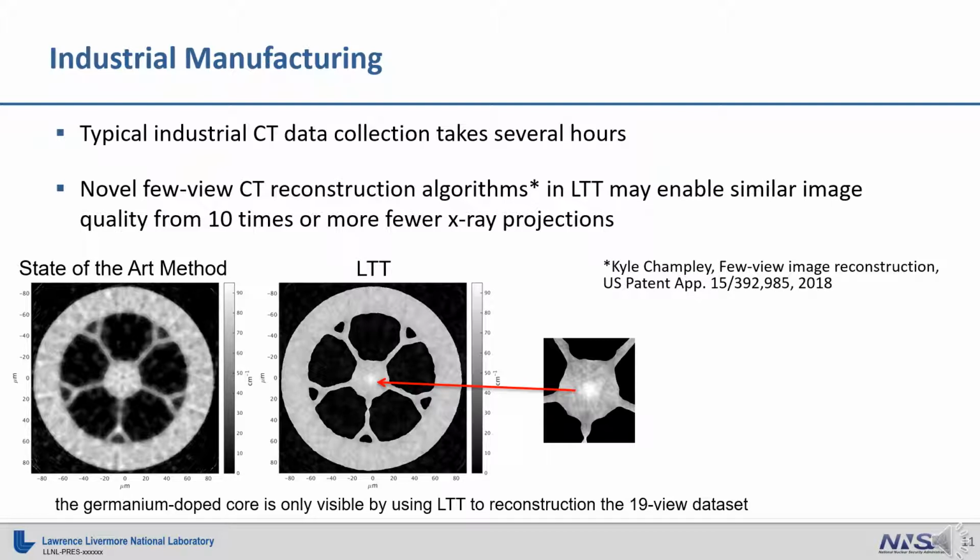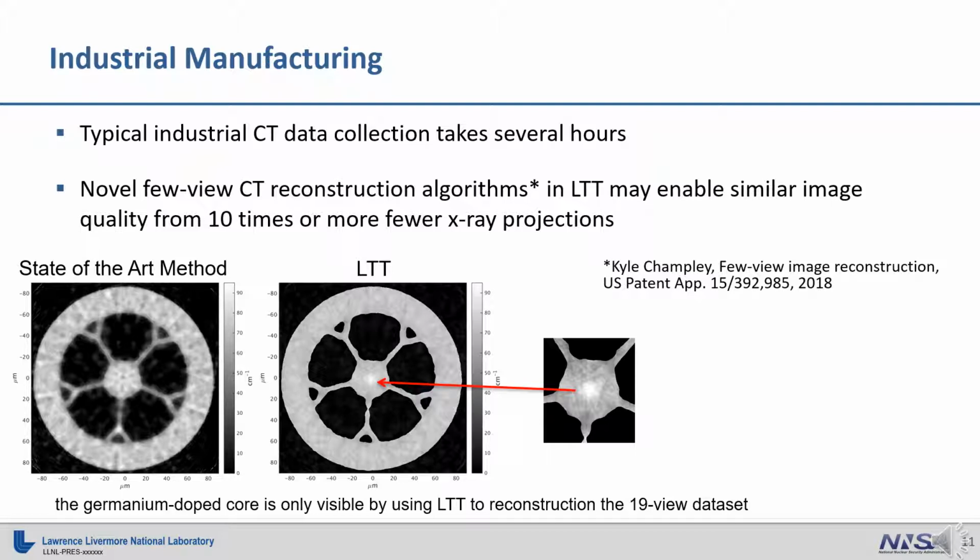Oftentimes, people try to sell you on how good their algorithms work because they give examples by saying, hey, look how much cleaner the image looks. Well, cleaning an image is easy, but extracting more information out of the image is really the key, and we believe that we've done this here. And we're showing this to you by, we blow up the center part of that glass fiber, and that's the image furthest on the right, and you see it has a bright center.